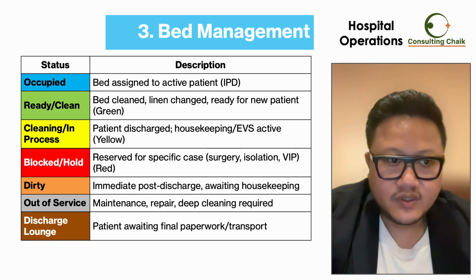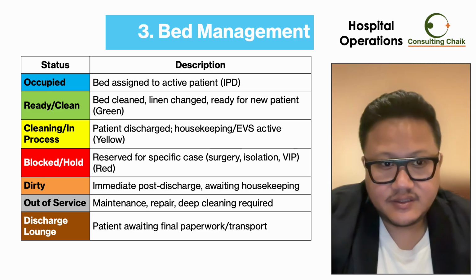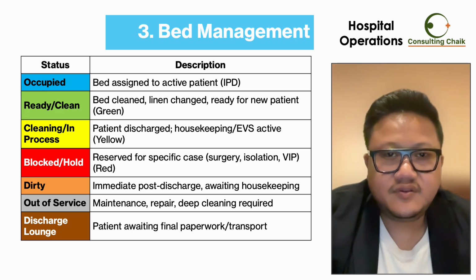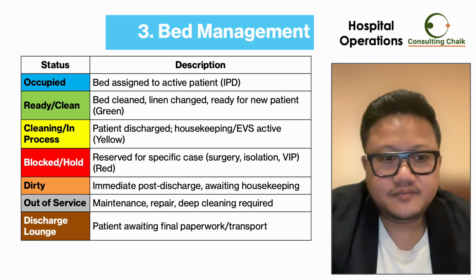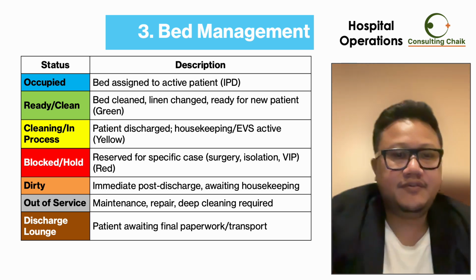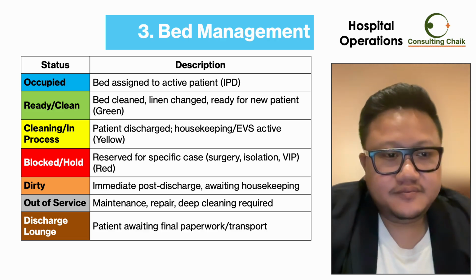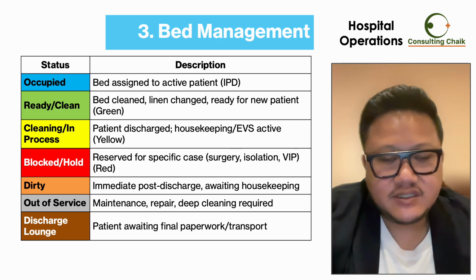room. Red is blocked, so it is reserved for a specific case. It can be for surgery, for isolation, or for VIP. Accordingly, you can have different colors for these. Then you can have orange for dirty, so immediate post discharge.